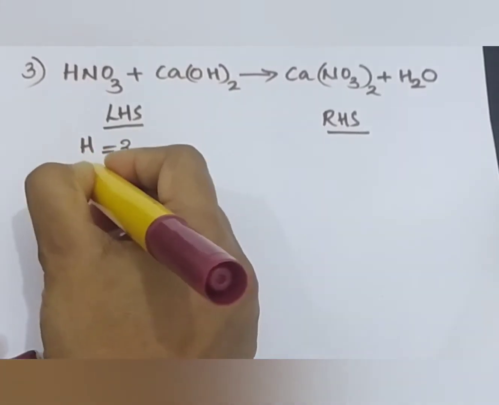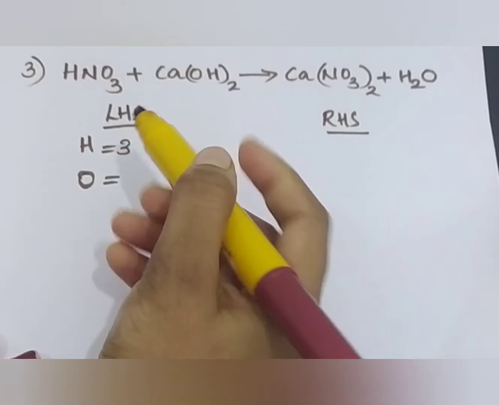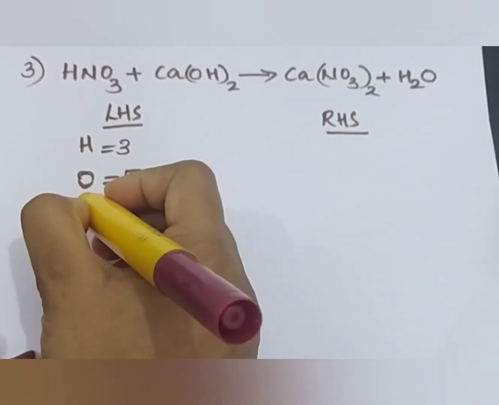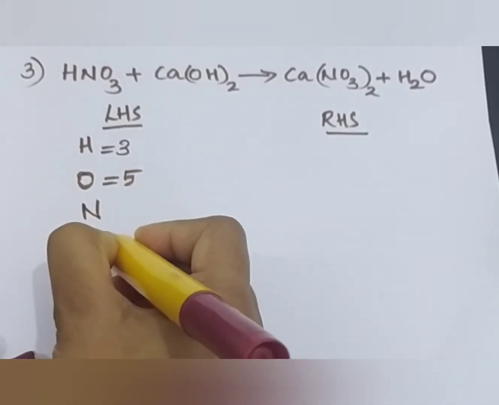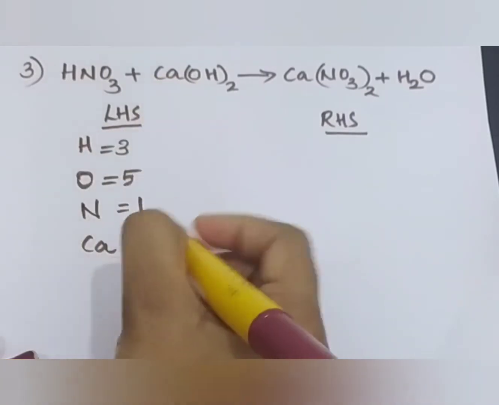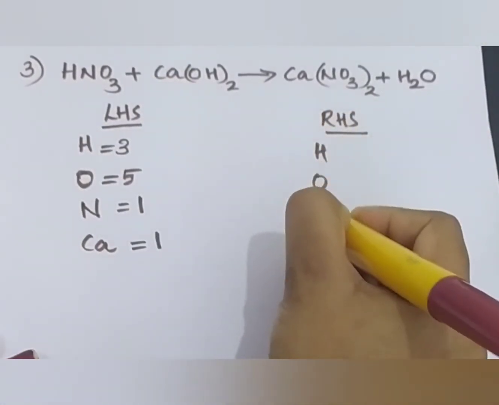Then oxygen is 2 plus 3, it's 5. Then comes nitrogen and calcium. Nitrogen is 1 and calcium is 1. Similarly on right hand side, hydrogen, oxygen, nitrogen, calcium.